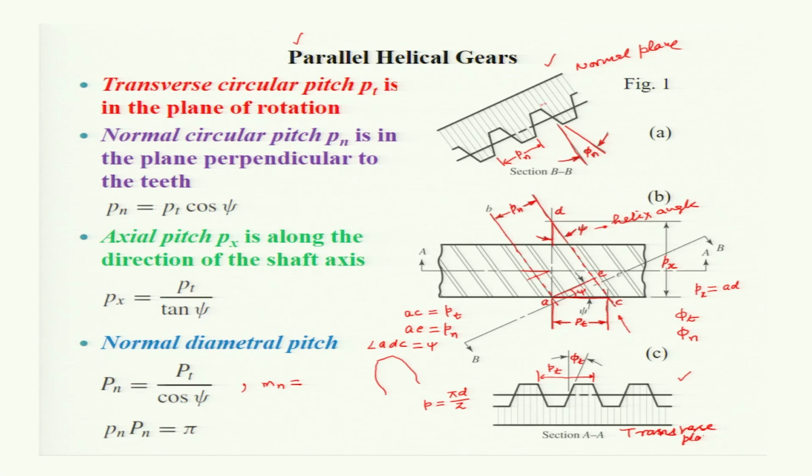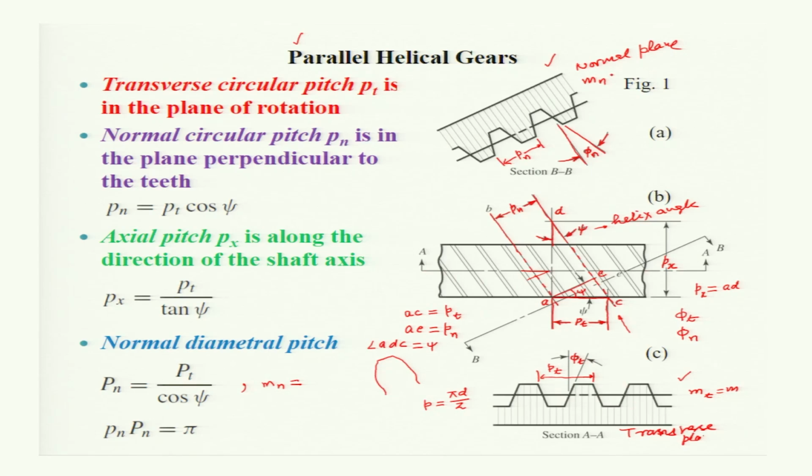So, the module of the gear tooth in the normal plane is called Mn, and the module of the gear tooth in the transverse direction is M or Mt, both are called M or Mt. Now, in which view will the true shape be visible? In the normal plane, the true shape will be visible when you see from this direction. When you take a section along AA and you are viewing the teeth, then it is not the true shape.